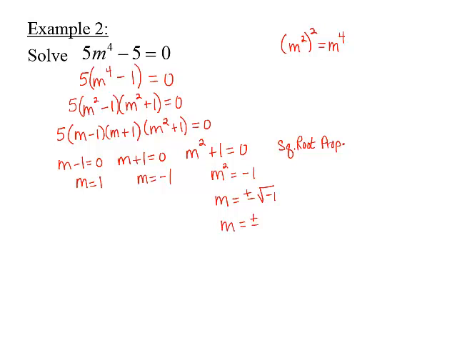The square root of negative 1 is the imaginary unit i. So our four solutions are 1, negative 1, i, and negative i. We can write these as plus or minus 1 and plus or minus i. Again, note here that our degree is 4, and we have 4 solutions to this equation, 2 real solutions and 2 imaginary solutions.